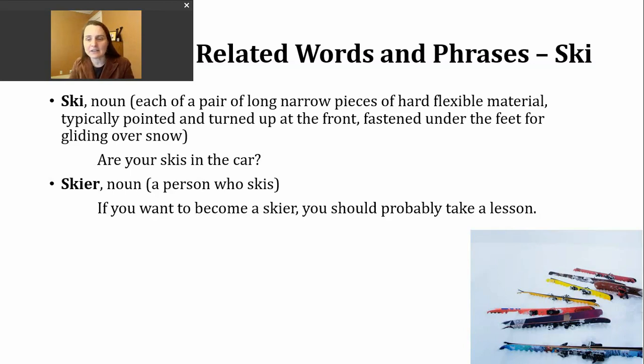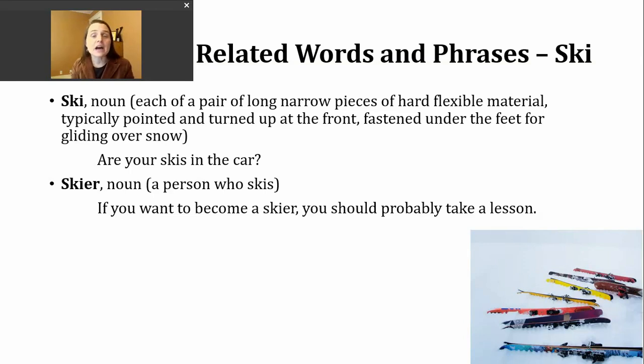It's typically turned up or pointed up at the front. And there's a fastening or binding that allows you to connect your boot to the ski. And its purpose is generally to glide over snow. It could also be to glide over water.